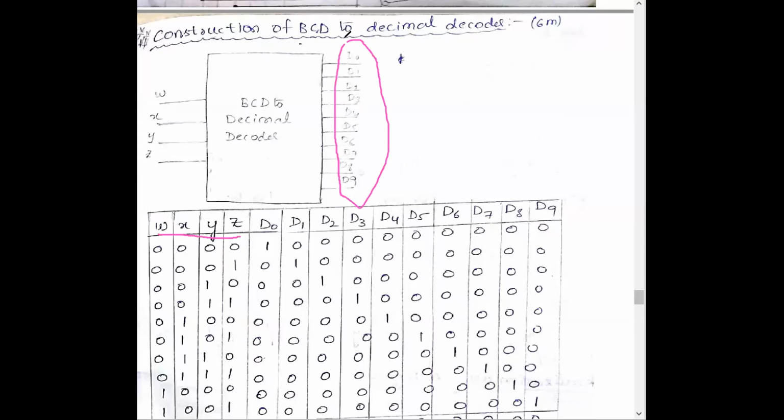Therefore the inputs are WXYZ, represented in BCD format, so we have the numbers from 0 to 9 only, and the outputs are D0 to D9.